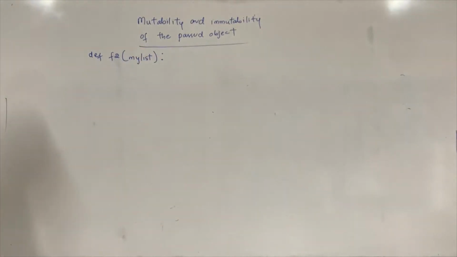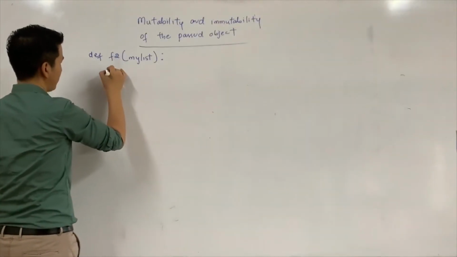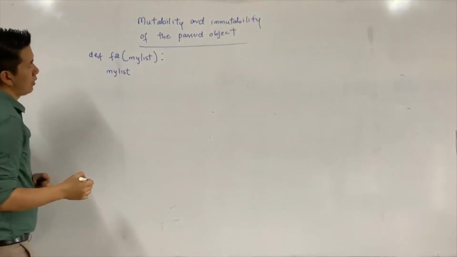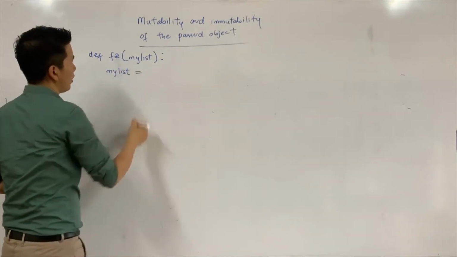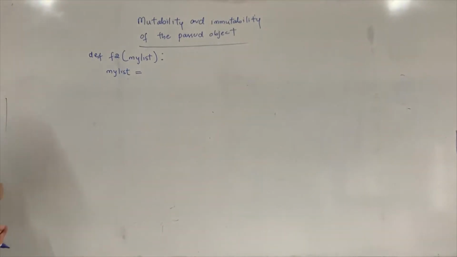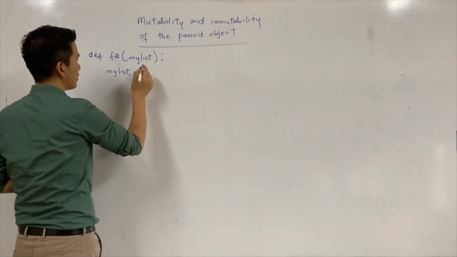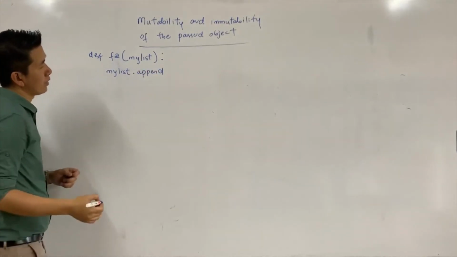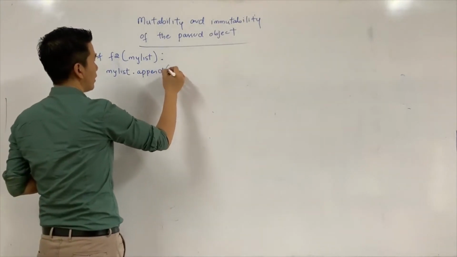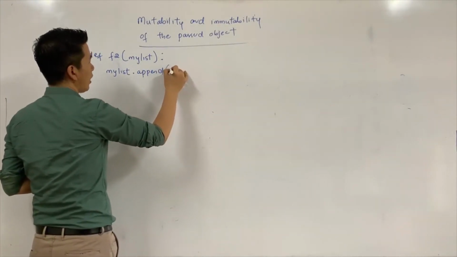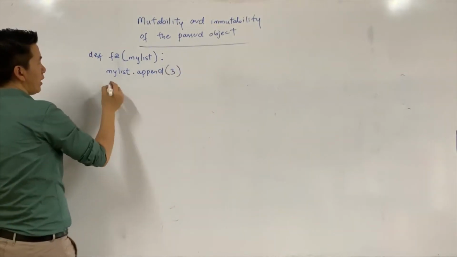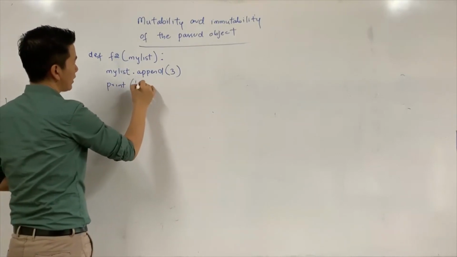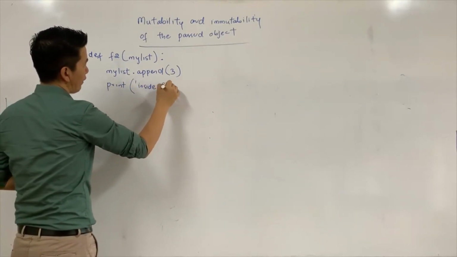Okay, and then I want to make some changes. Say my list is equal to, how do I make changes? Now let's say I write my list dot append, and then append with, let's say, 3, and then print inside F2.